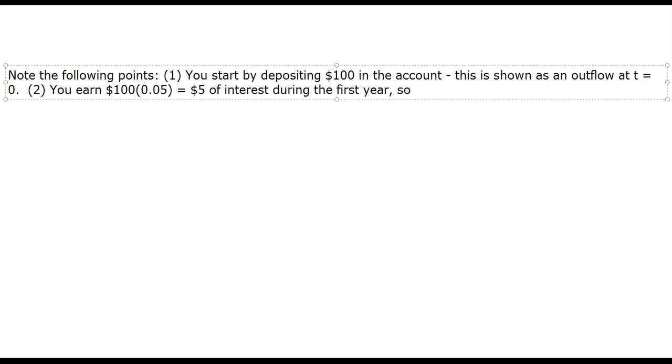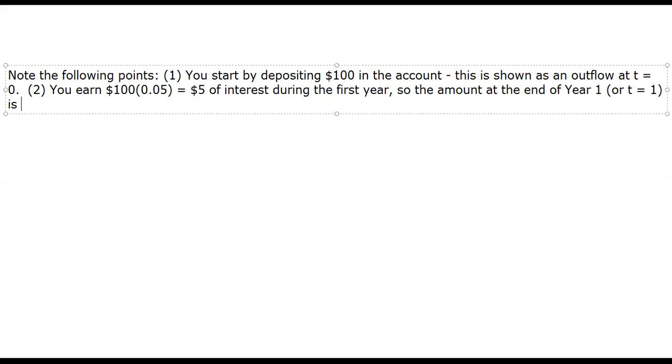So the amount at the end of year 1 is $100 plus $5, equal to $105.